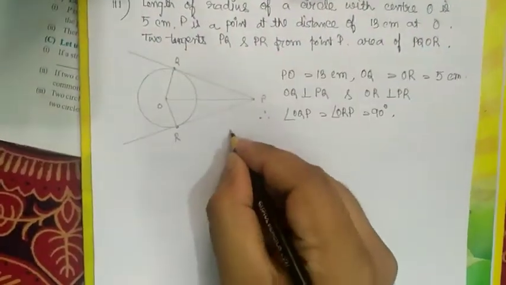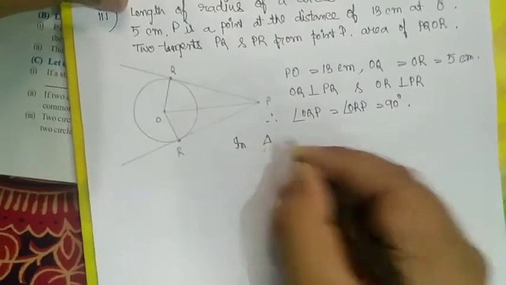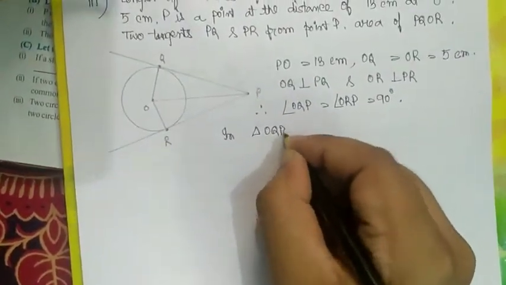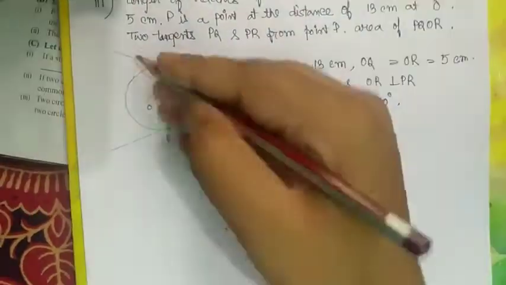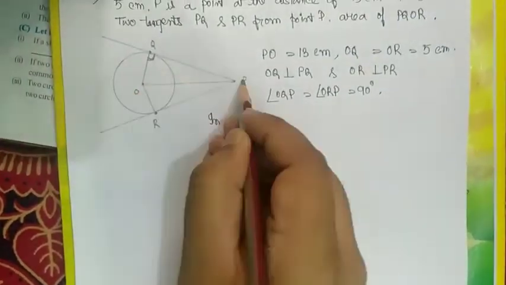So in triangle OQP, we know this is angle 90 degree, this is angle 90 degree, so therefore this is the hypotenuse.